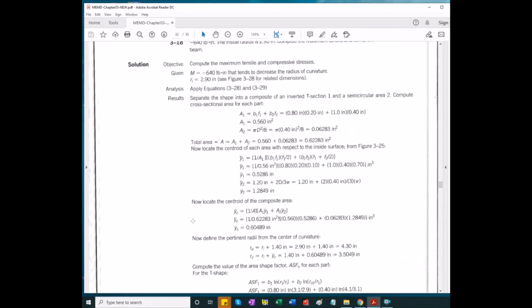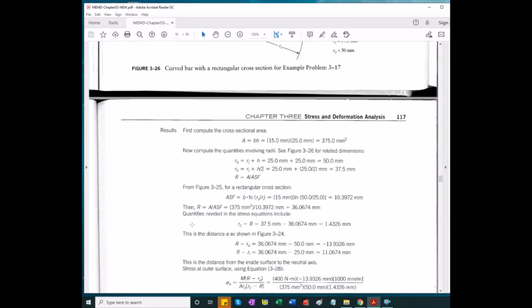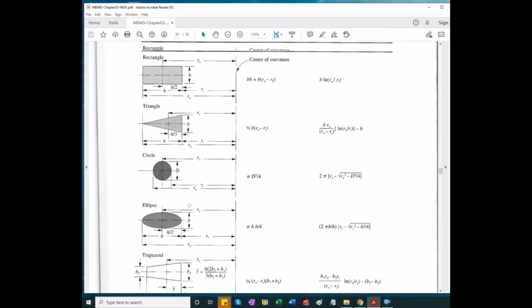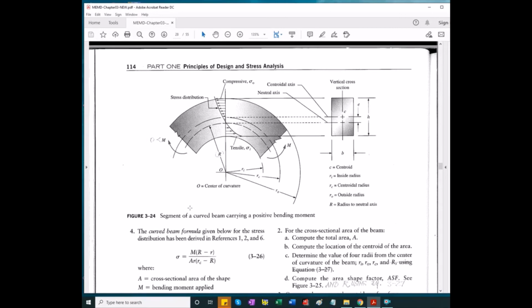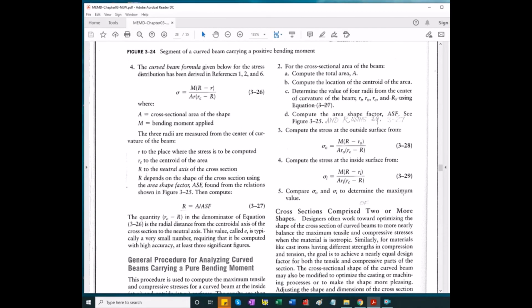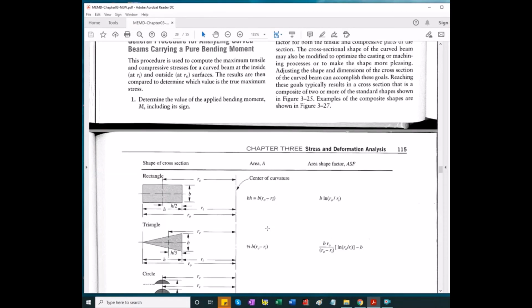If the moment is positive, like in the earlier figure, or let's look at the very first one. As shown here, the moment is positive and it's going to give you a negative maximum outer stress and a positive inner stress at Ri. So negative at Ro and positive at Ri, from the two equations.